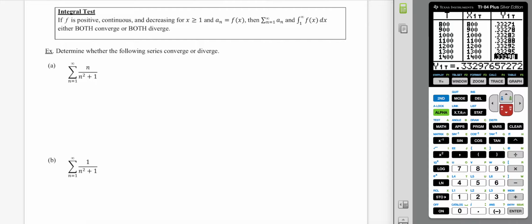I'll get to that in a sec, though. Then the sum from n equals 1 to infinity, I apologize for the notation there, it's the only way I can get it to fit in one line, and the integral from 1 to infinity of f of x dx, so that's the improper integral, either both converge or both diverge, right?